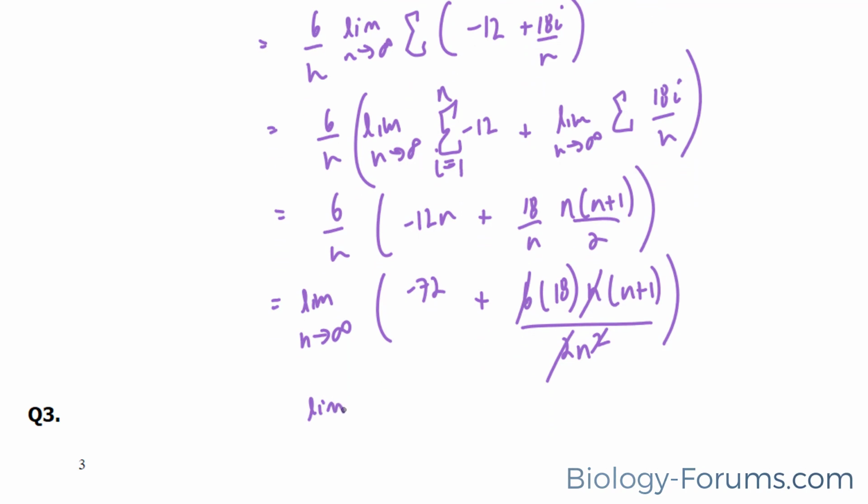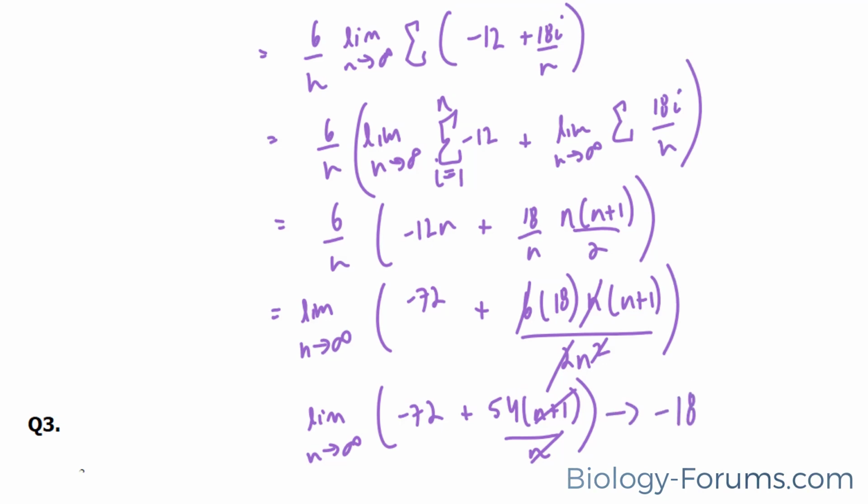The limit as n approaches infinity is negative 72 plus 54 times n plus 1 over n. And the limit as n approaches infinity for these two will become 1, because you have infinity over infinity, which is equal to 1. And then you have negative 72 plus 54, which gives us negative 18.